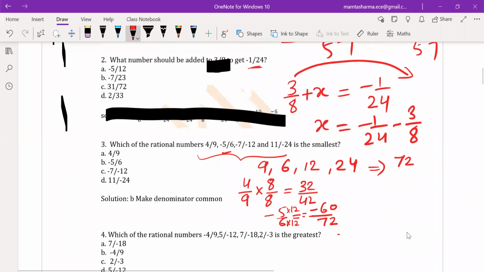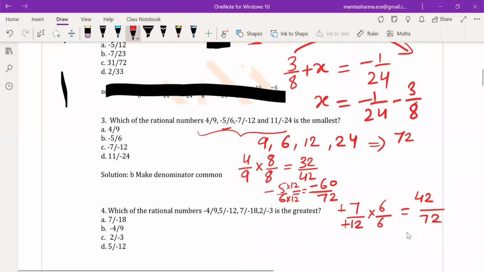Now again convert this minus 7 by 12 into the denominator of 72. You have to multiply by 6. 12 6s are 72 and 7 6s are 42. Minus 42 by 72.